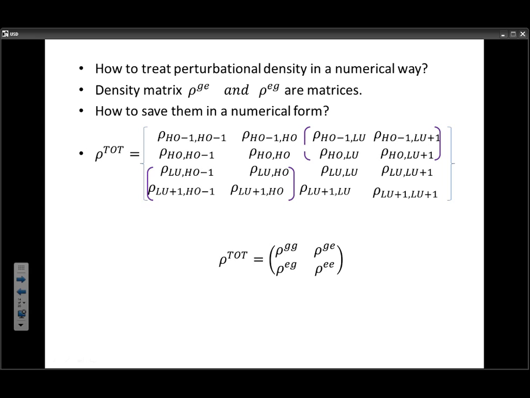How to treat perturbational density in a numeric way? Both density matrices ρGE and ρEG are matrices. How to save them in a numeric form?